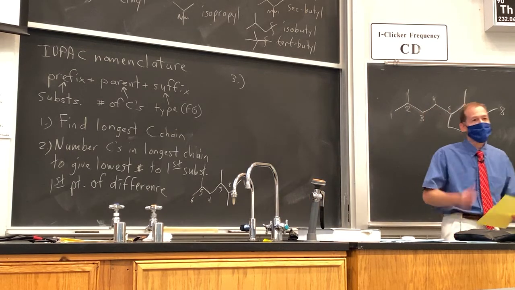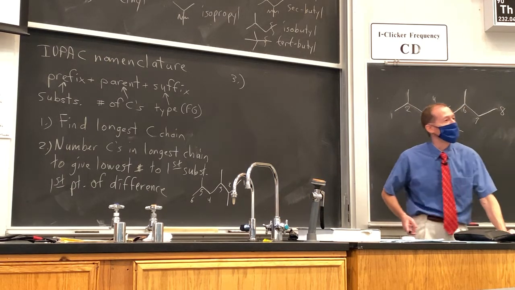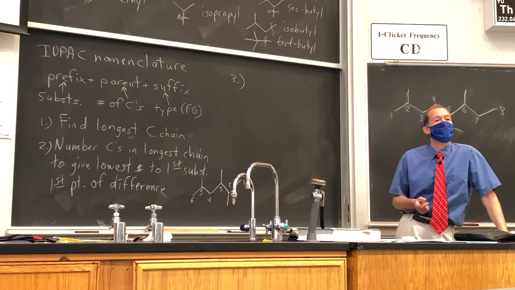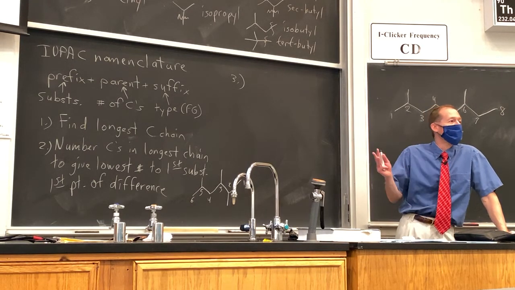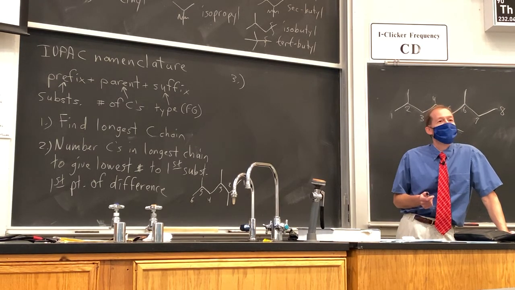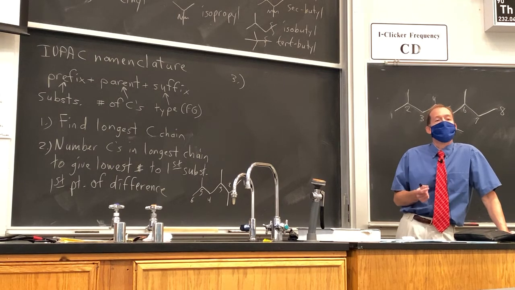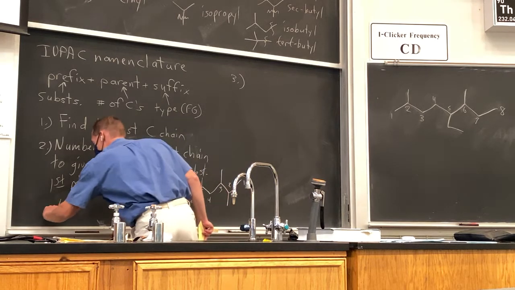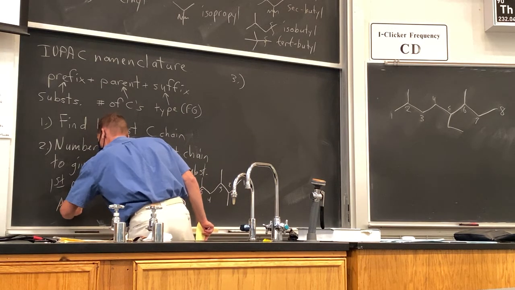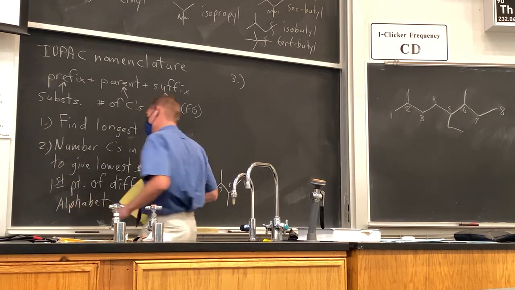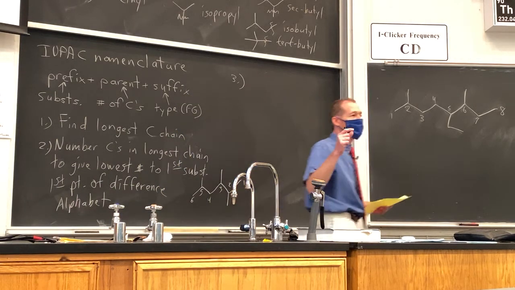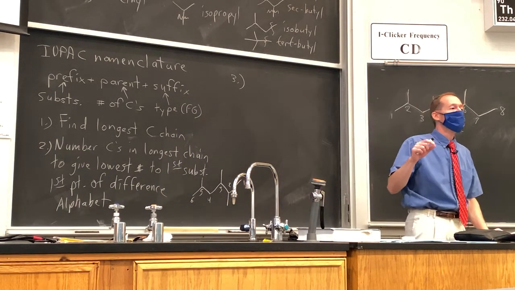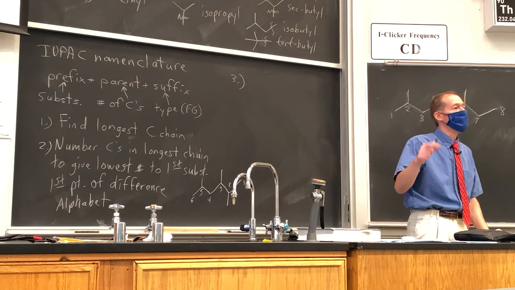Okay? There's yet another question that could come up. That is, what if there's a tie? What if there's no way to distinguish? It actually does matter. What you do is you would alphabetize. So you would use the alphabet, meaning that you would number from the direction that gives the lowest number to the substituent that comes first in the alphabet.